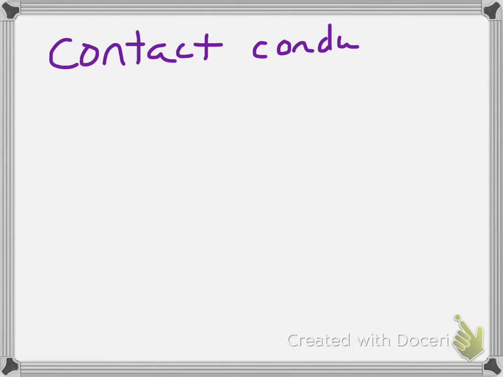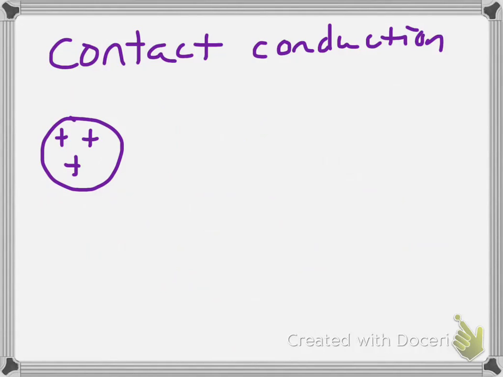Now, there's different ways in which objects can gain charges. Okay? There's charging by contact, which is conduction. So let's say that we have a charged metal sphere, conducting sphere, and it comes in contact with a neutral sphere.